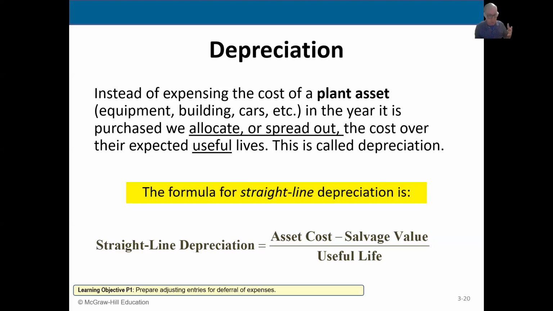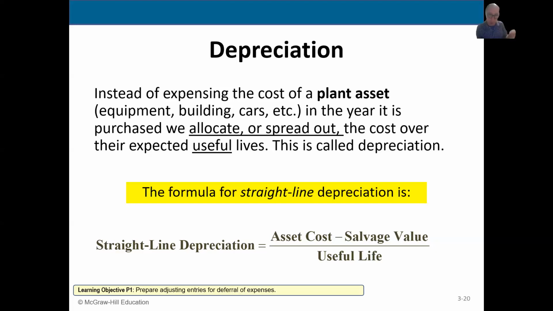This is called depreciation. Let's say you have a car. Some of you probably have a car. Let's say you bought it brand new. The reason why they say not to buy a brand new car is because during that first year, it goes down in value, because you drive it off the lot.